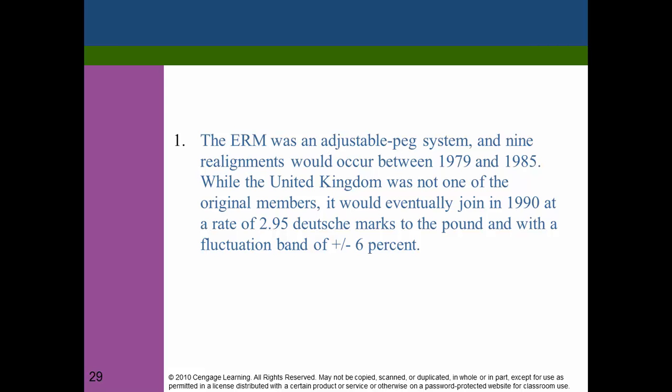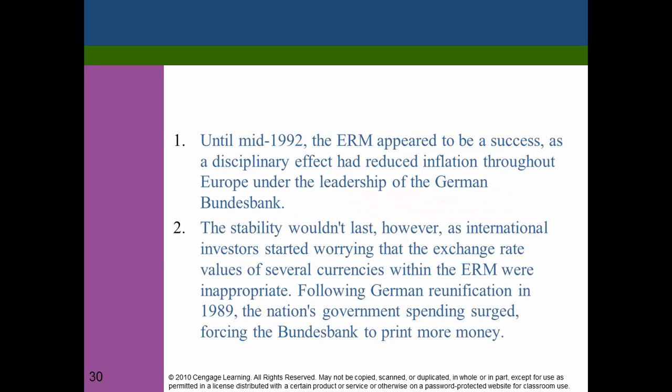At the time when they joined, the exchange rate of the British pound versus the Deutschmark, the currency of Germany, was 2.95 Deutschmarks to the pound, and that could move in either direction, plus or minus 6%. So till mid-1992, the ERM appeared to be a success, as a disciplinary effect had reduced inflation throughout Europe under the leadership of the German bank. So basically things were quite successful, and overall inflation was in check all over Europe.